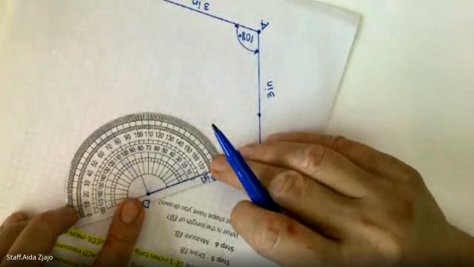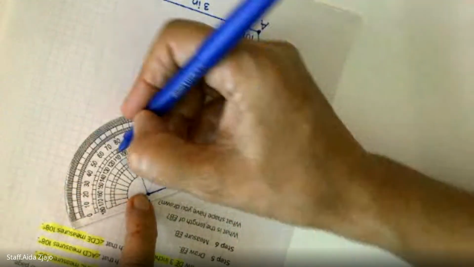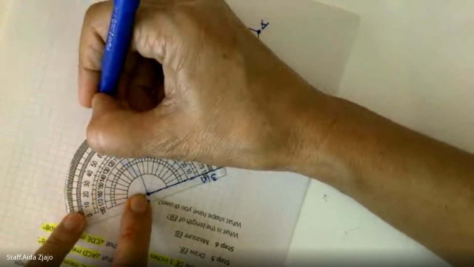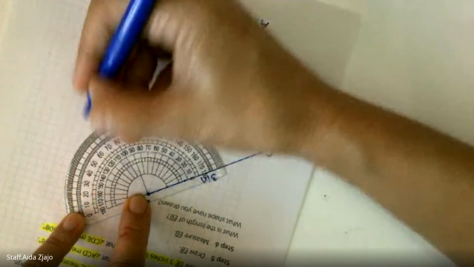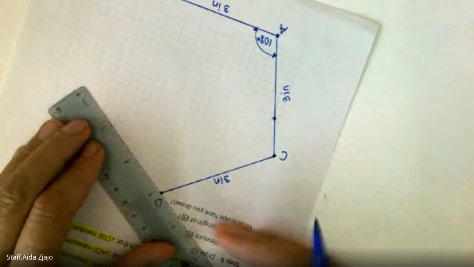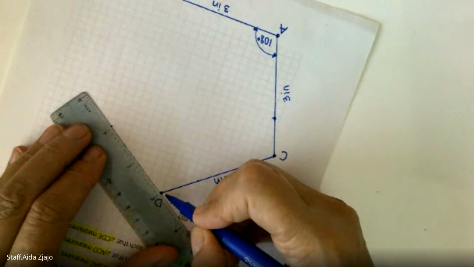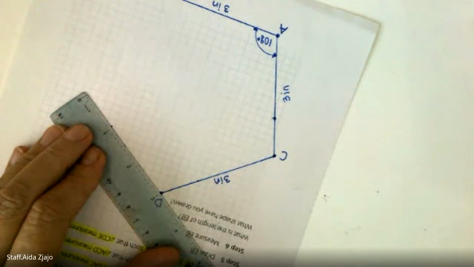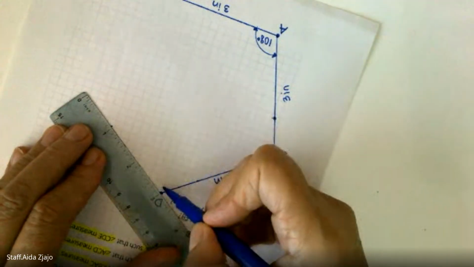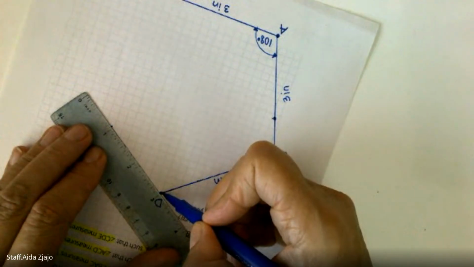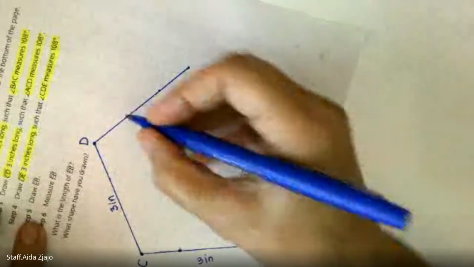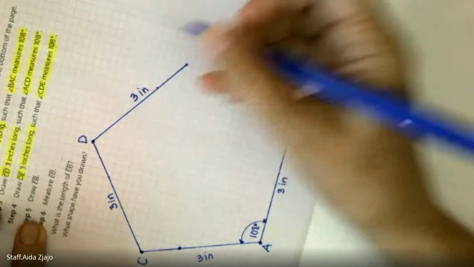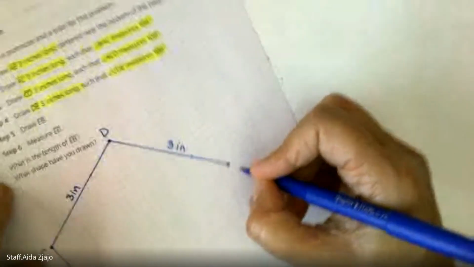So 0 line, got my 100, got 105, 106, 7, 8. Here we go, 108. And it has to go 3 inches. So from 3 inches all the way to there. Here we go, 3 inches. Okay, and this is E.